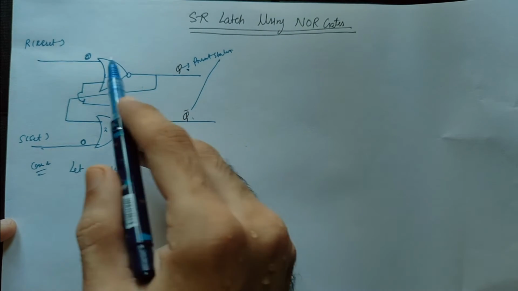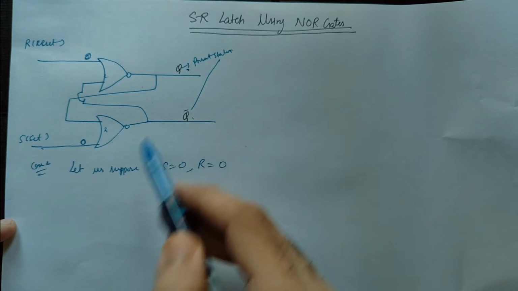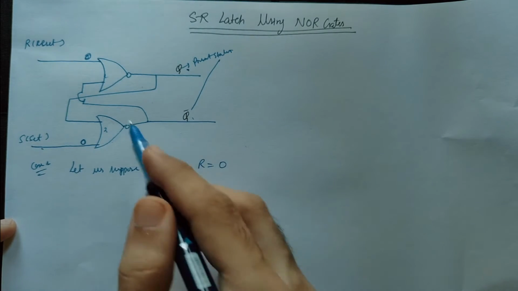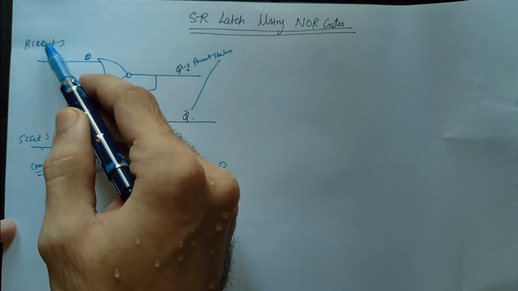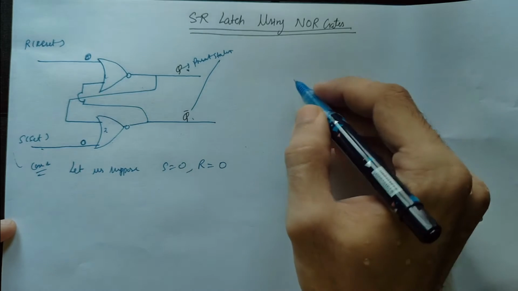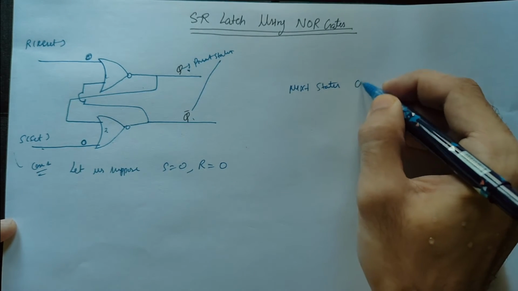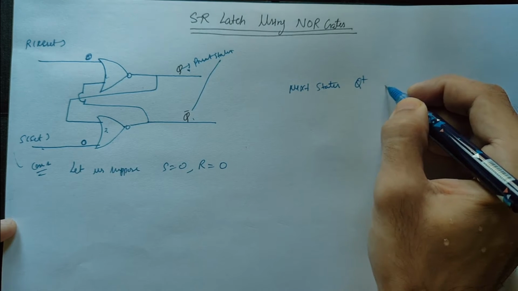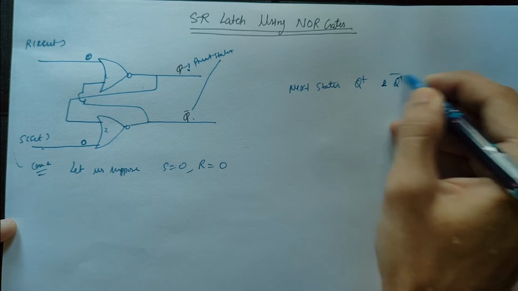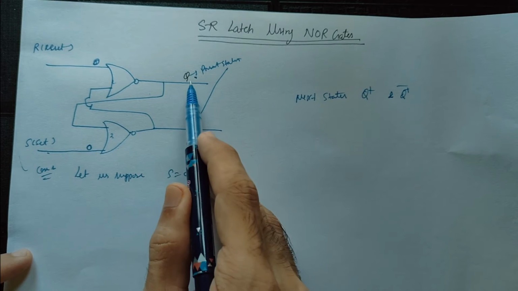For the previous input, the output was Q and Q bar, and these are the present states. The outputs for the S and R that I am applying at the present time would be the next states, and we represent them by Q plus and Q plus bar.